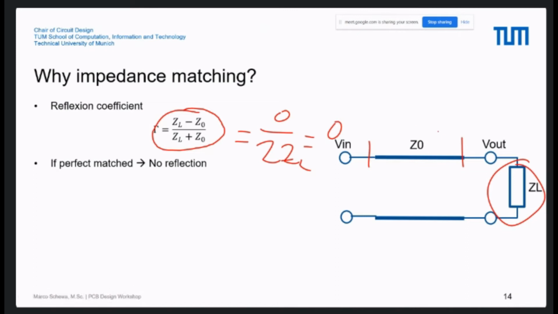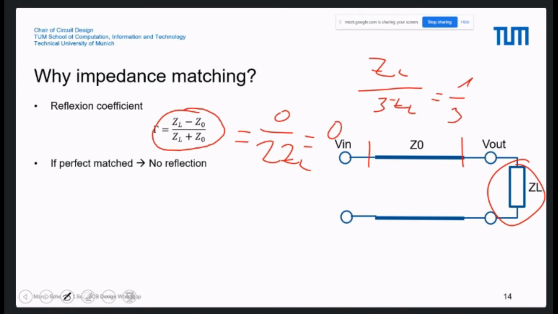And if you have, for example, a mismatch here, let's say ZL is 2 times Z0. Then you have Z0 divided by 3 Z0. So you have approximately 1/3.